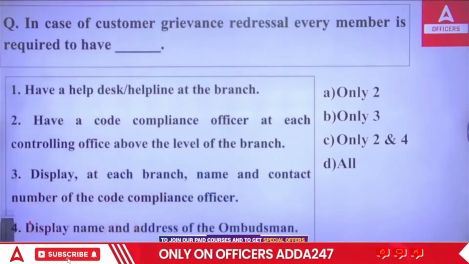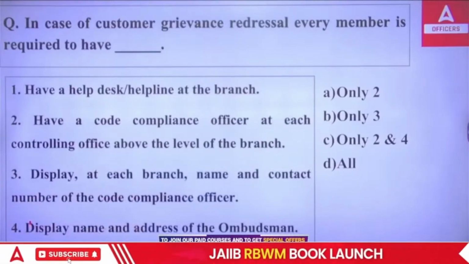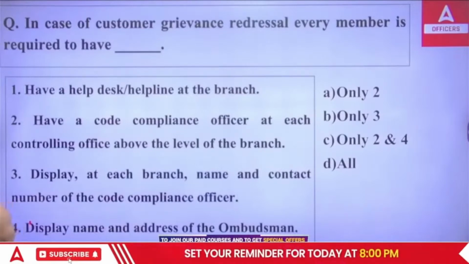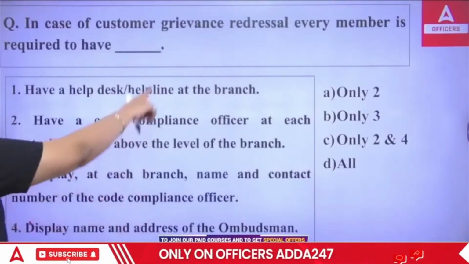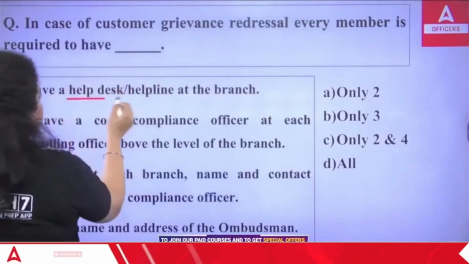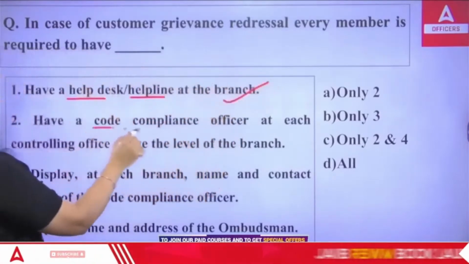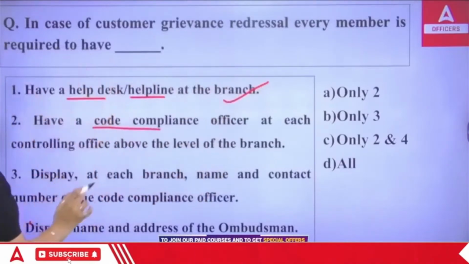So which of the following is correct? A, B, C or D? Which of the following is correct? So obviously every member has to have a help desk and helpline number at the branch. Every member has to have a code compliance officer at each controlling office that is above the branch level.